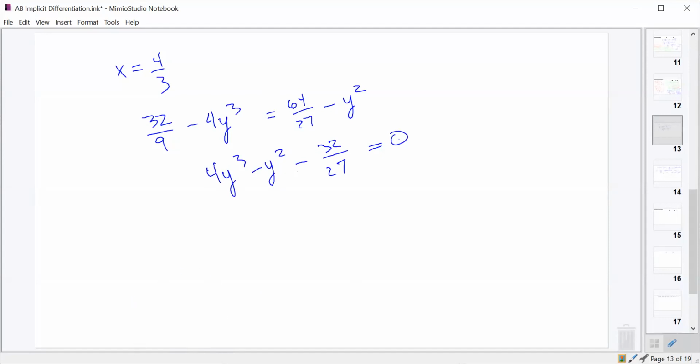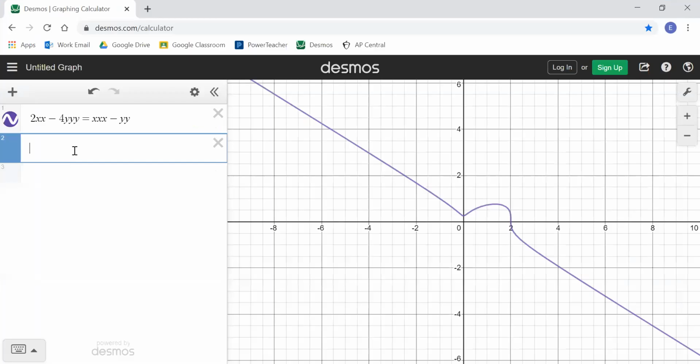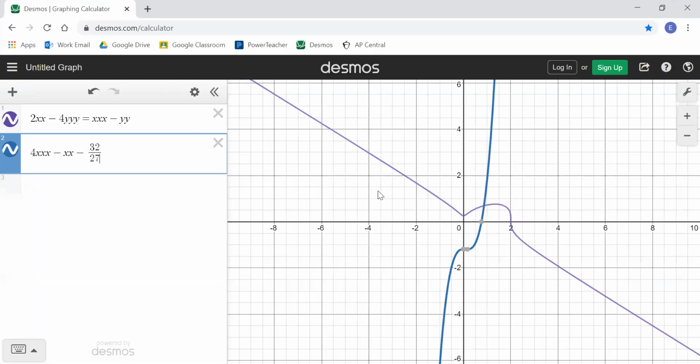So if we go in once again to Desmos and try to show that 4y cubed minus y squared, actually, we're going to have to do it with x values because otherwise it won't graph properly. 4x cubed minus x squared, and then minus 32/27.